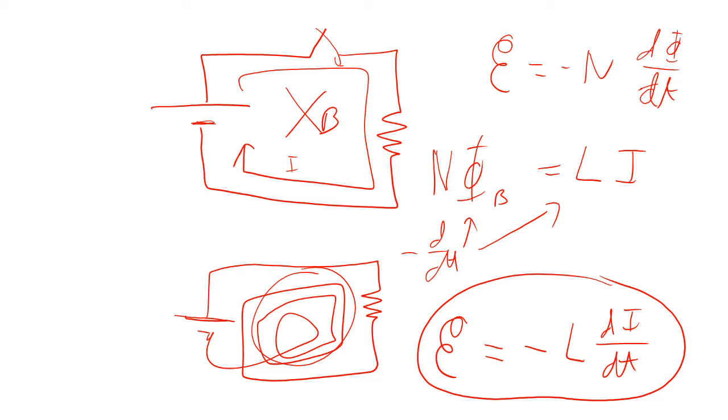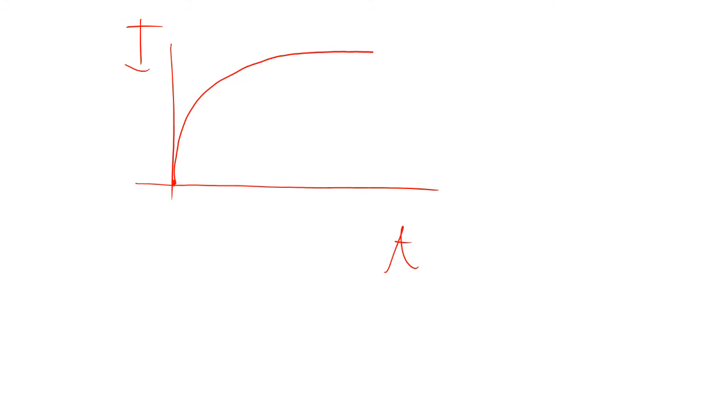Now, every circuit is going to have a self-inductance. So that means that when you first turn on the switch for any circuit, the current as a function of time is initially going to be 0, and it's going to rise up to some stable current. And so there's some finite amount of time in which the circuit has not yet reached its full current.